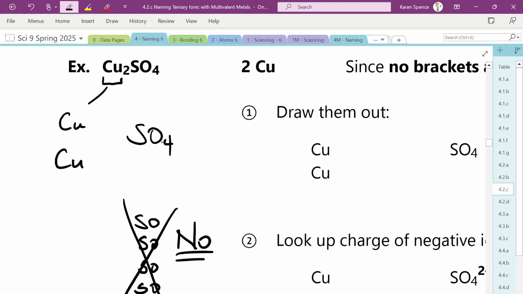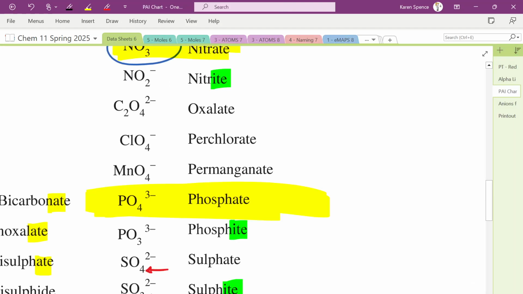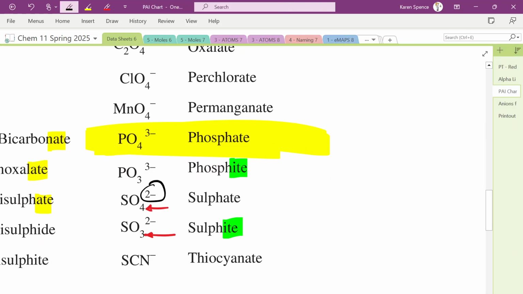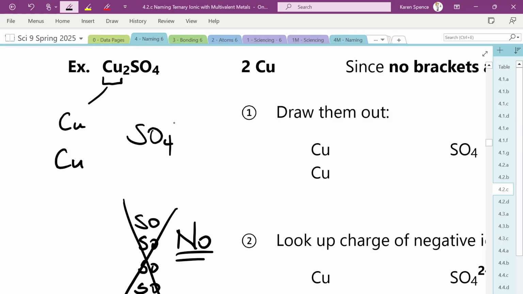SO4, when we look it up on the green sheet, SO4 is 2- and its name is sulfate. It's 2-. That means our overall negative charge is 2-.